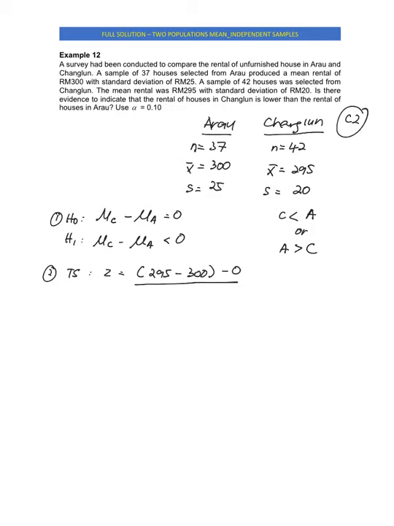That is 20 squared over 42 plus 25 squared over 37, all under the square root, don't forget. Because the standard deviation is given, in the formula we use the variance. So the answer is negative 0.9728. I forgot to write here, this one is left tail.